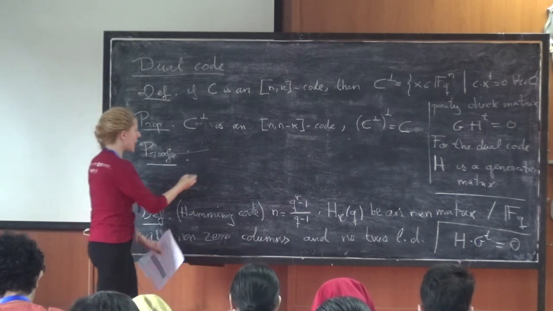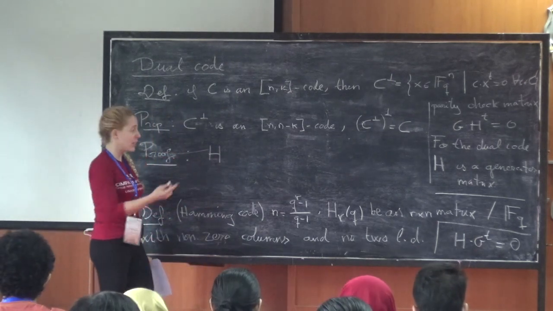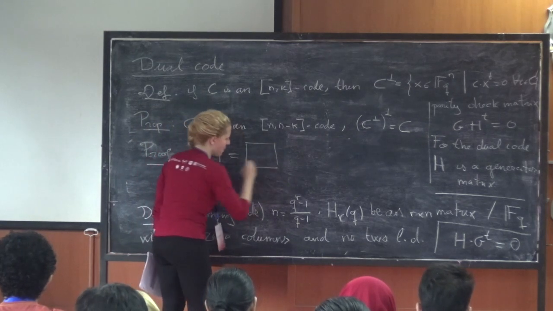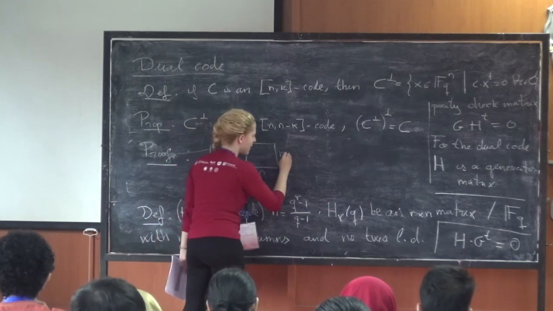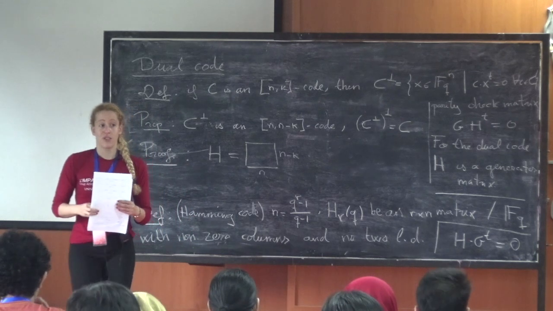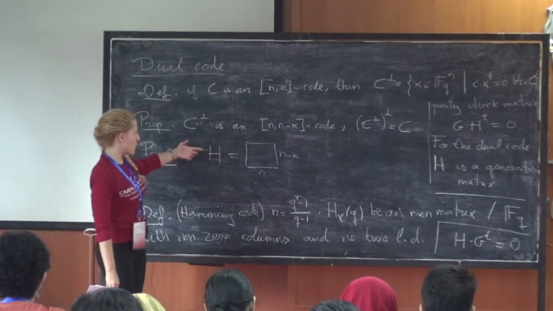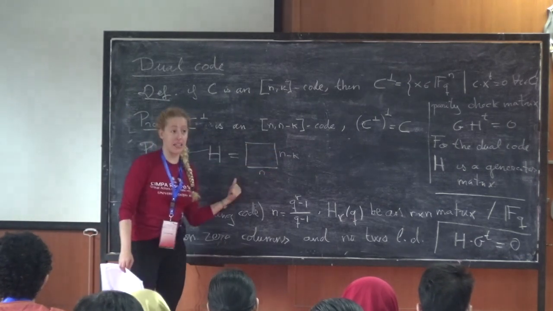So basically the idea is that we know that the generator matrix of the dual code, as we said, is this H. And this H, I recall, is a matrix that here has length n, and here has length n minus k. So basically here we have the answer, right? Because for H, that is going to be a generator matrix of the dual, I have vectors of length n.